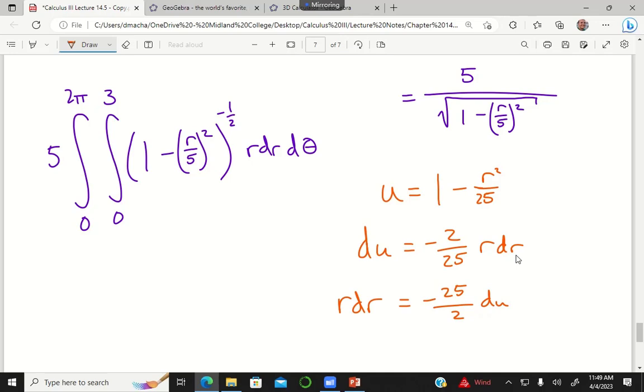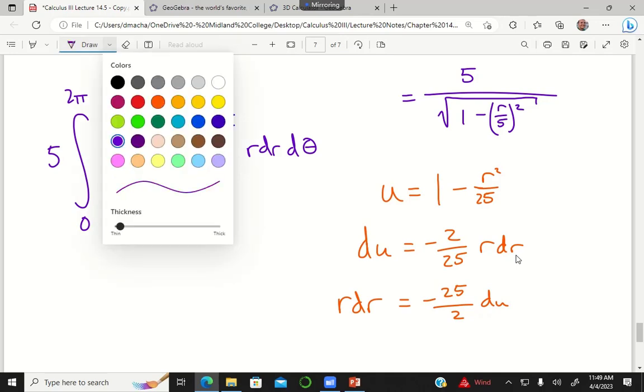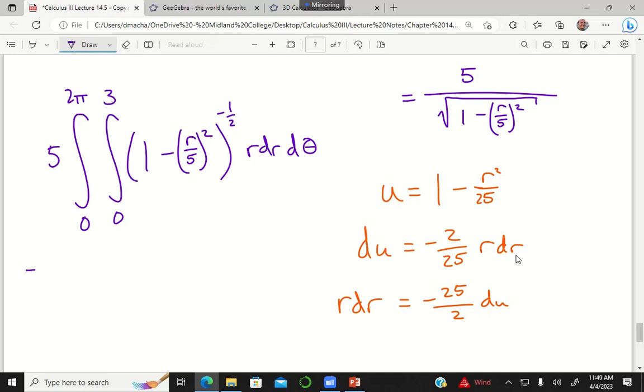So what I pick up over here is negative 5 times 25, which is negative 125 over 2, integral of 0 to 2 pi of integral 0 to 3 of this time u to the negative 1/2 power, and then I replaced r dr with negative 25 over 2 du d theta.